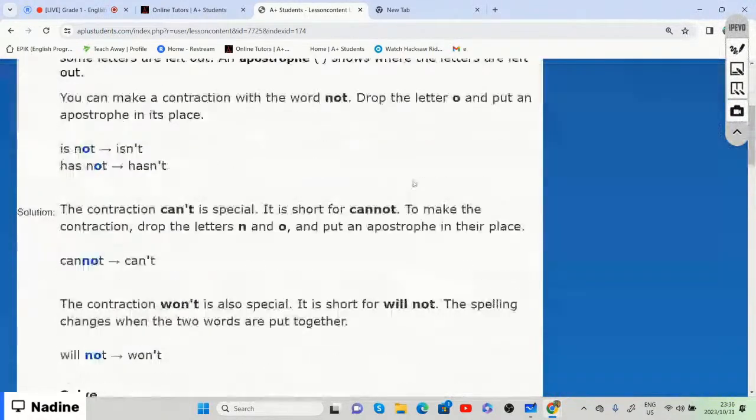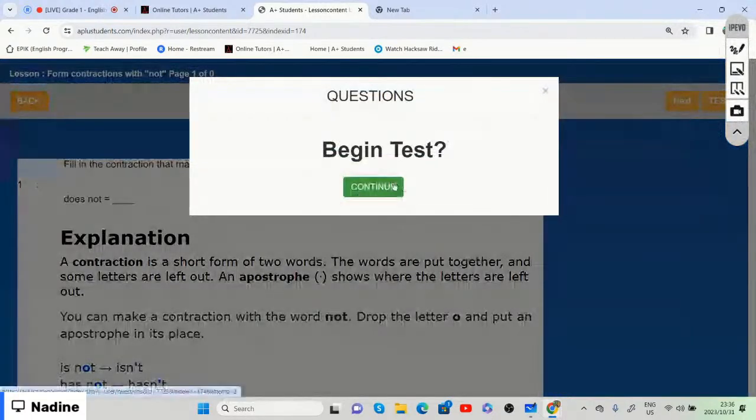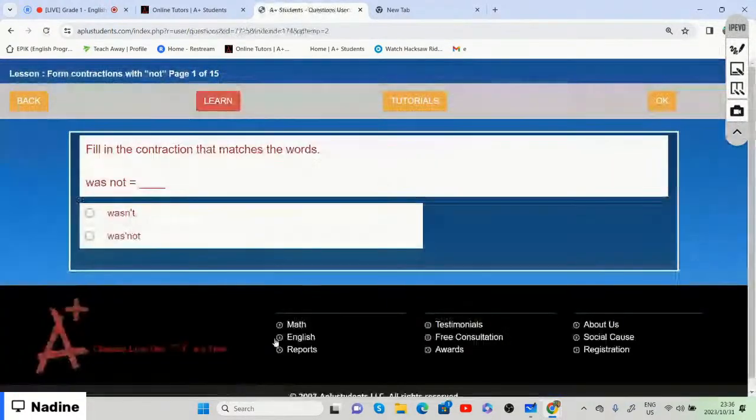So now let's go to our test because we basically went over the ones already. These are contractions with not.